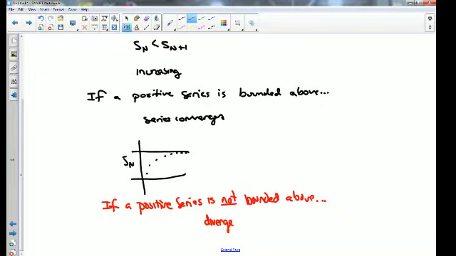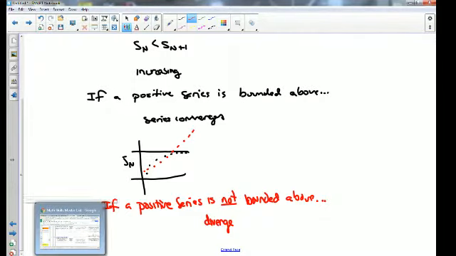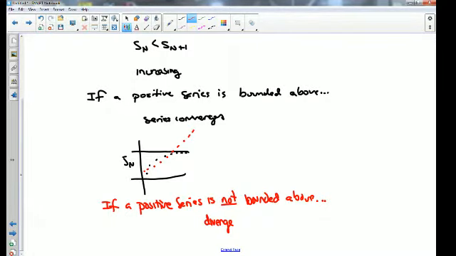And that would look, of course, like that. It just keeps going. It never has a top to it. Never bounded above. So pretty elementary. Think about it, it makes sense, because that's basically the definition of convergence right there. It's positive and bounded above, so we are convergent. So that's what a positive series is.